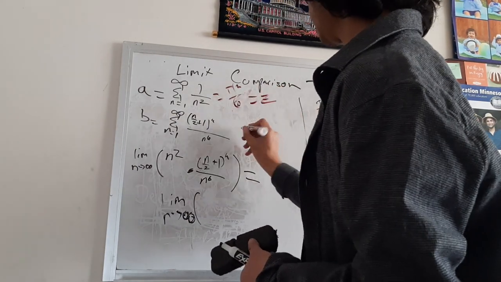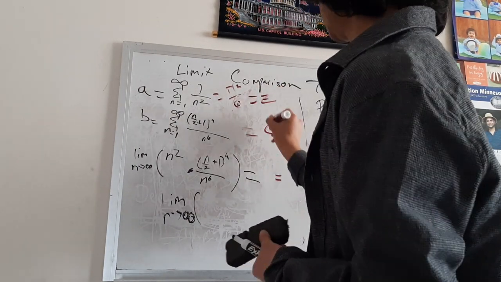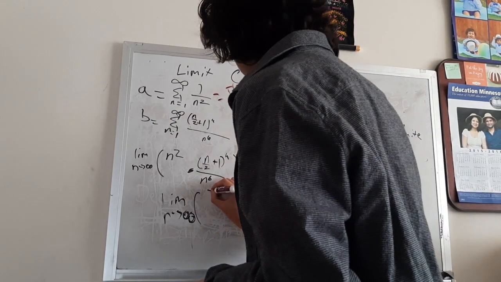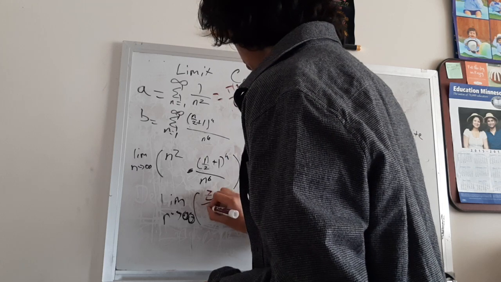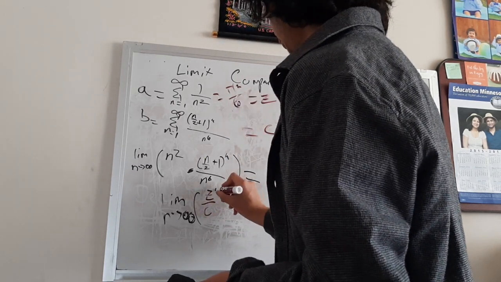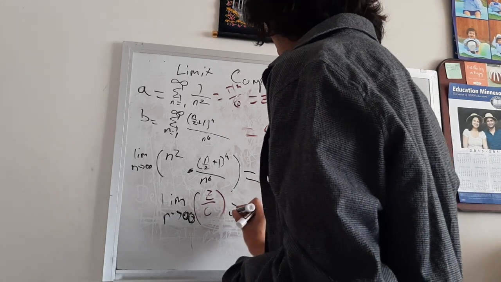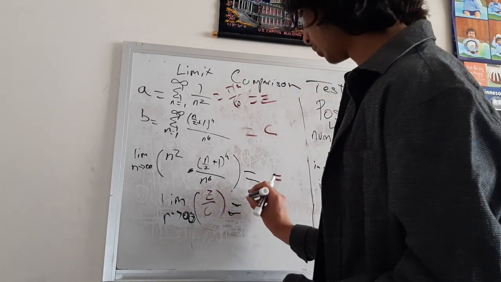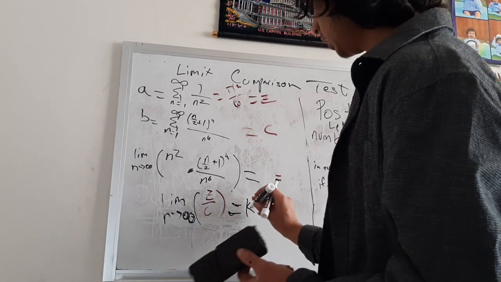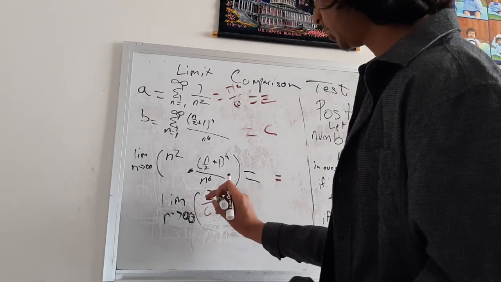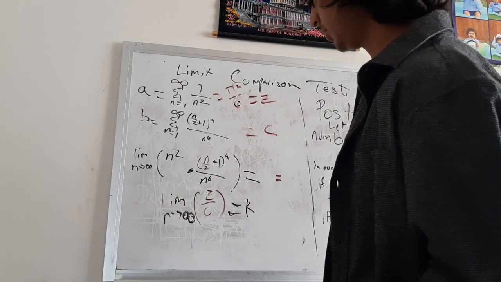So z and c. C is what we're trying to find. Z is something we know is finite. So if we get z over c, we're taking essentially that limit, and now we're going to get a k value out of it. If our k value is finite, well then our c value must be finite since we know that our z value is finite.